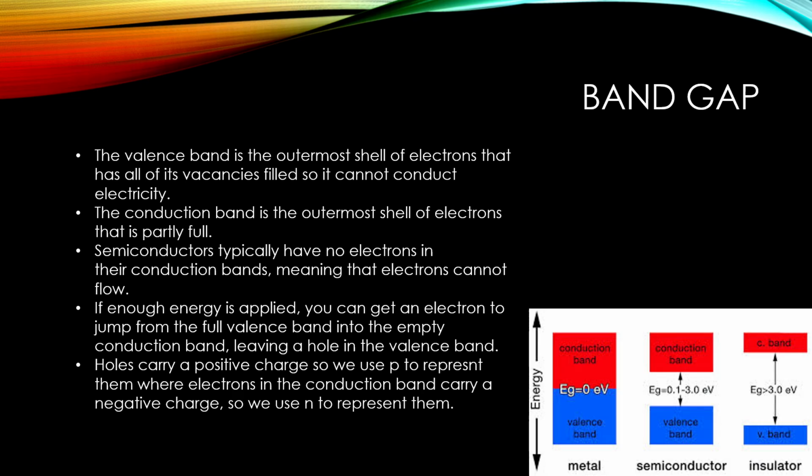If enough energy is applied, you can get an electron to jump from the full valence band into the empty conduction band, leaving a hole in the valence band. Holes carry a positive charge, so we use P to represent them, whereas electrons in the conduction band carry a negative charge, so we use an N to represent them.